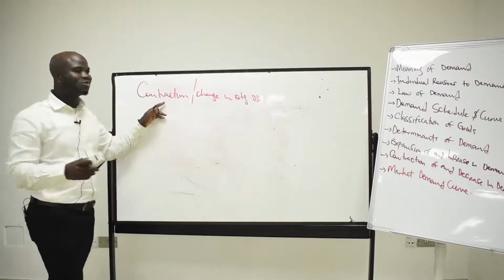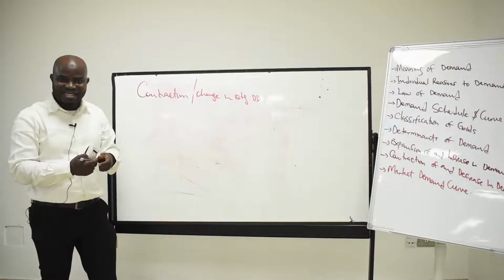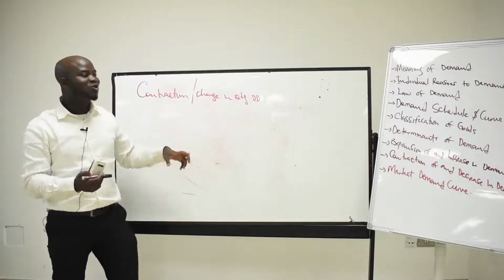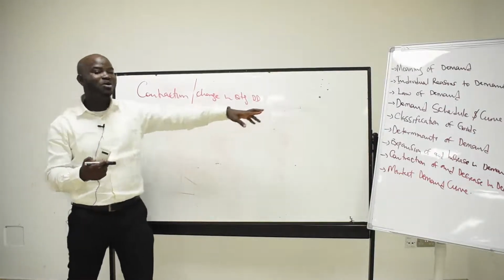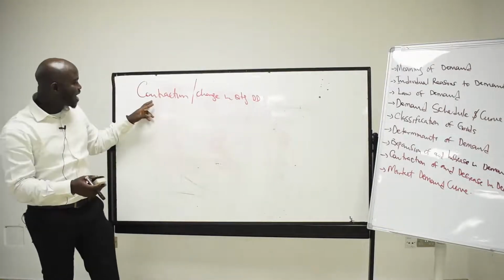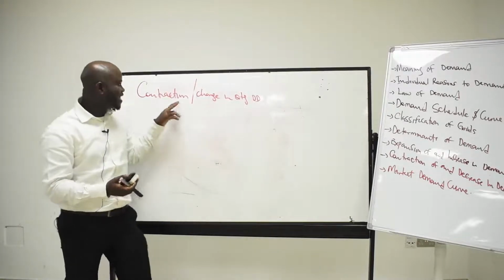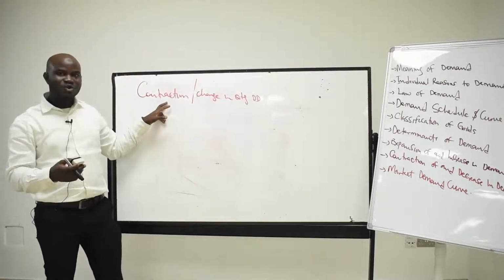Now, another name for contraction, class, is also a change in quantity demanded. The only difference between this and the other one is that expansion is favorable to the consumer, while the contraction here is unfavorable to the consumer.